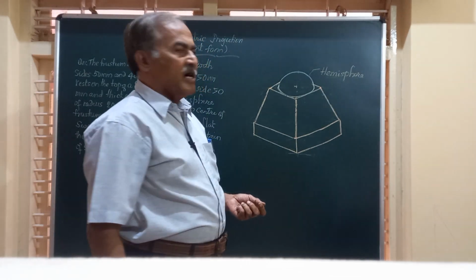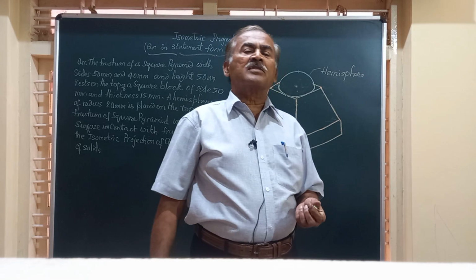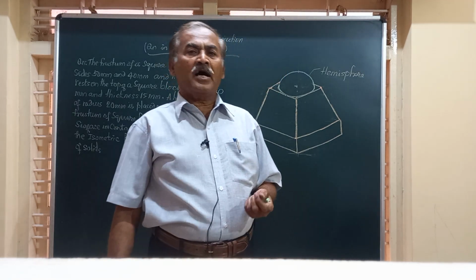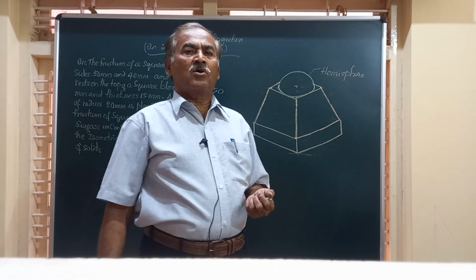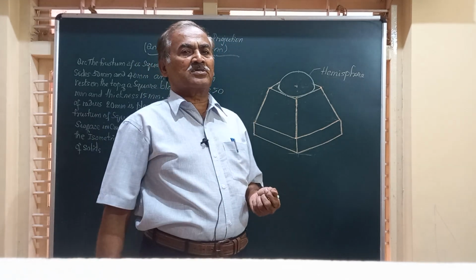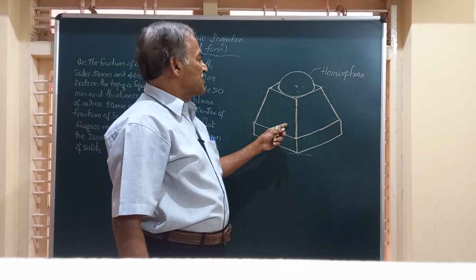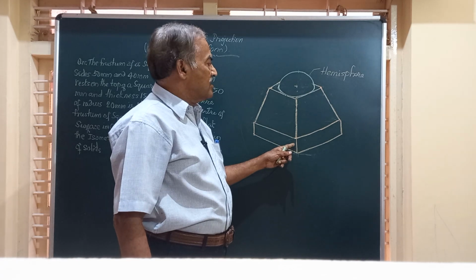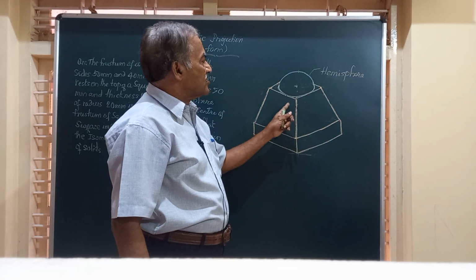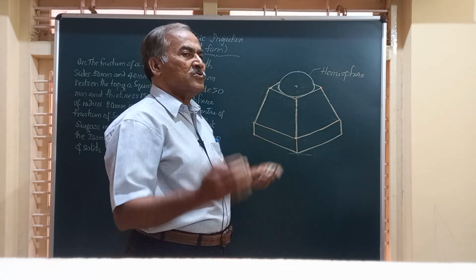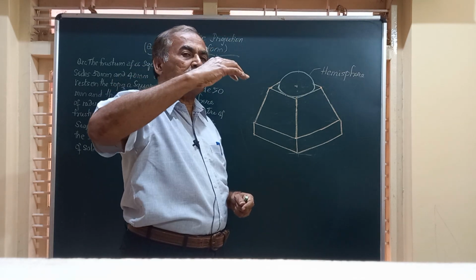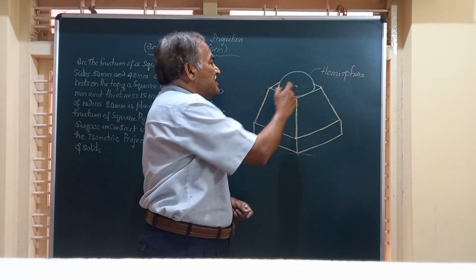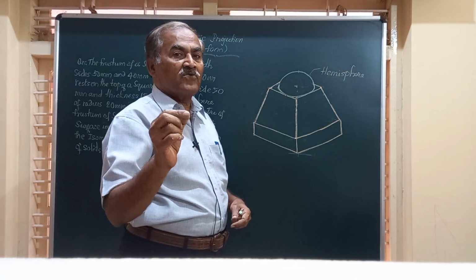And friends, I am very sure that you would have followed the procedure to obtain the isometric projection of the combination of three solids, wherein a frustum of a square pyramid is resting on the top of a square block, and over the top surface of the frustum, you have a hemisphere which is kept such that the hemisphere's flat surface is in contact with the top surface of the frustum of the square pyramid.